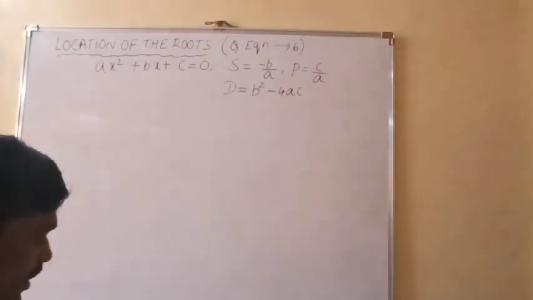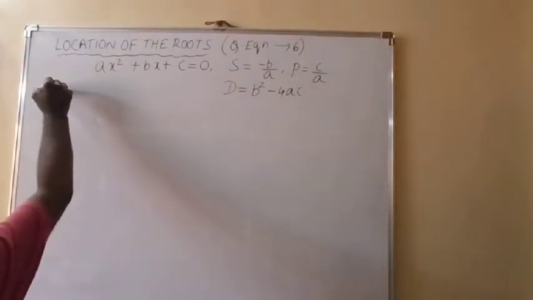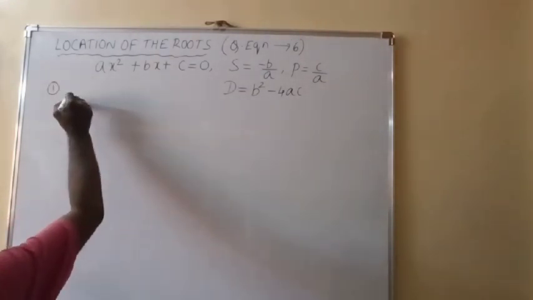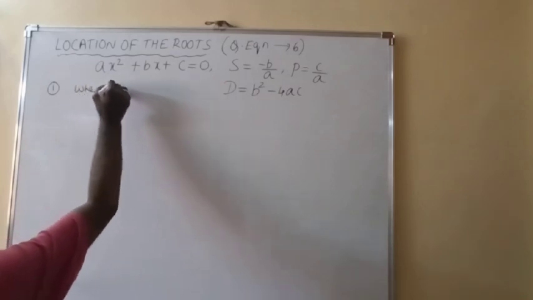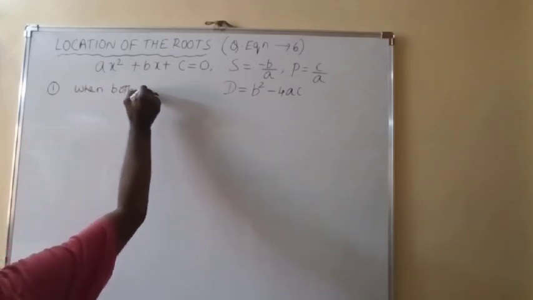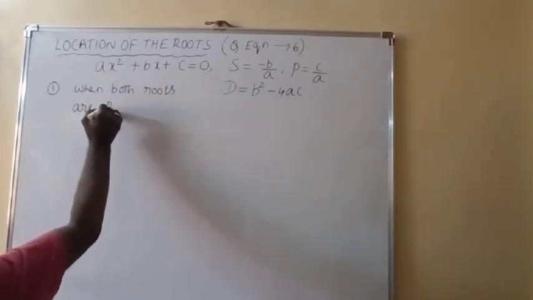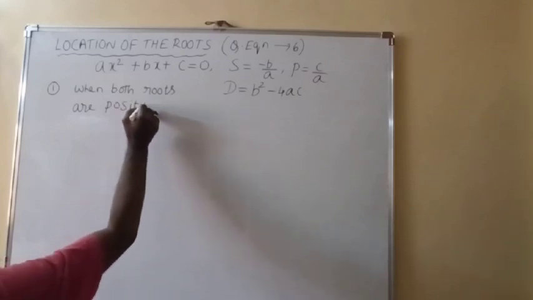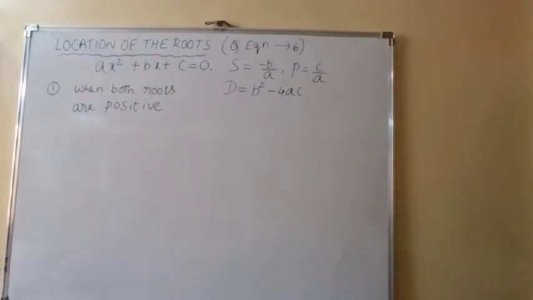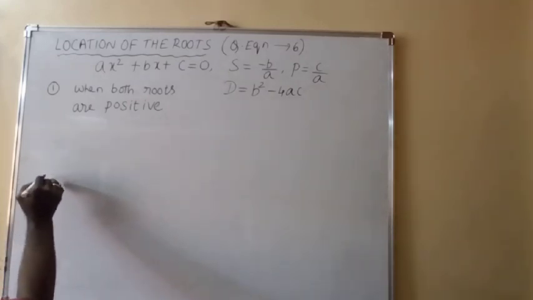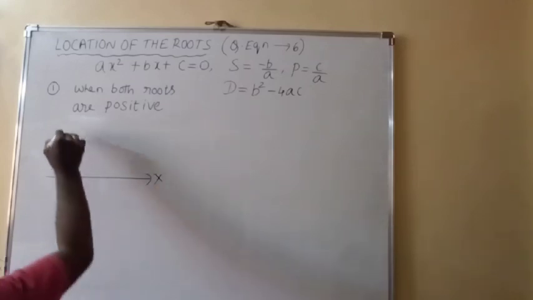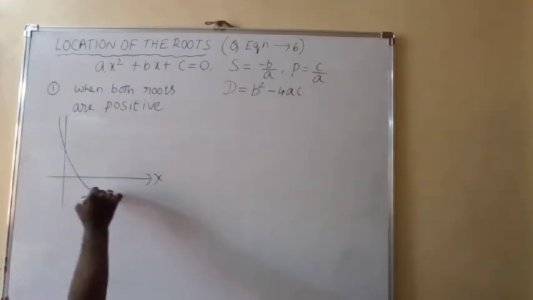Okay. So the first case, when both roots are positive. When both roots of this quadratic equation are positive, in this case, see the diagrams, you get 4 possible cases.